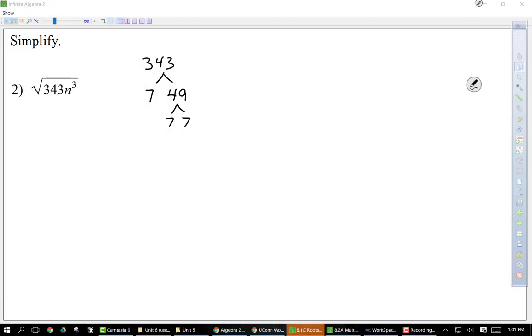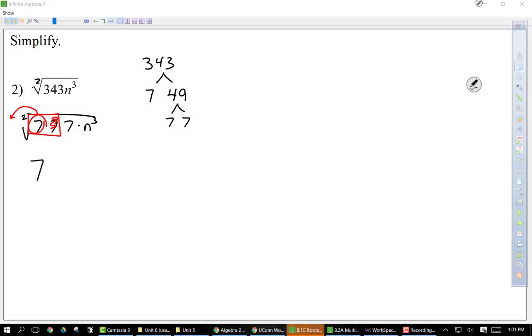So, in this particular example, I have, remember it's a square root, right? It's as implied that I have 7 times 7 times 7 times n to the third, okay? So, I take a group of 7s, a pair of 7s. Then I'm going to take 1 out, cross 1 out. So what happens? How many did I take out?